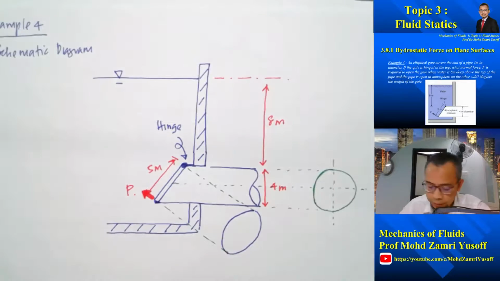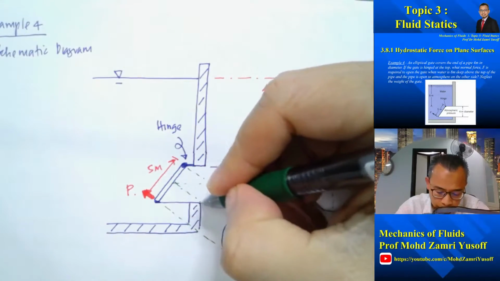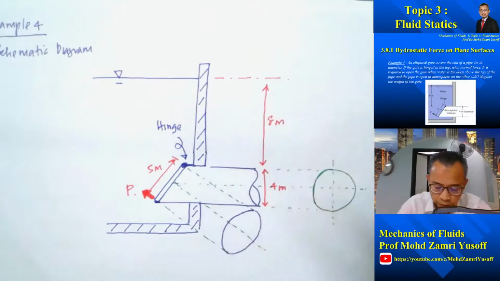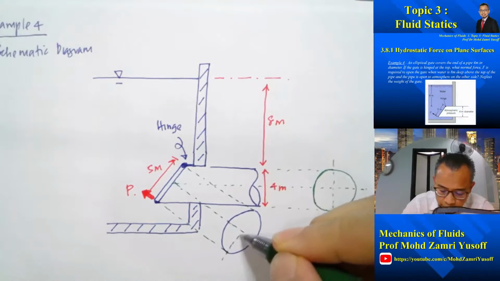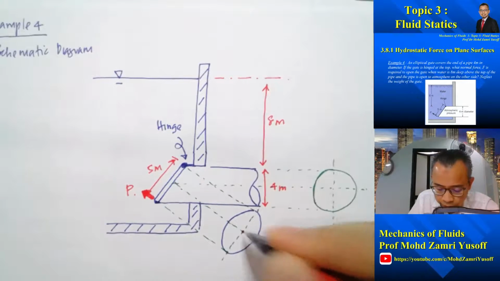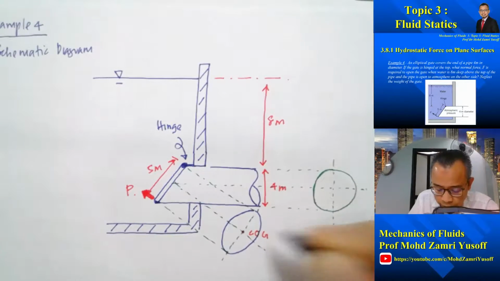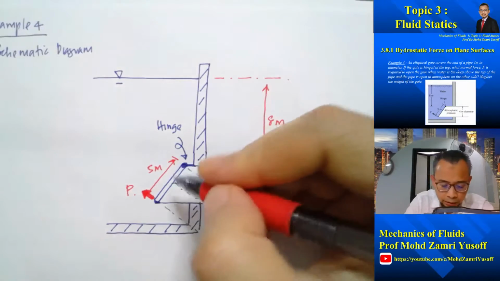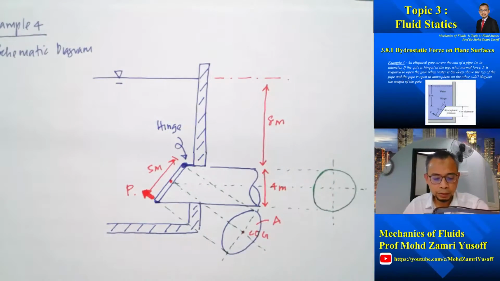That is the ellipse. And the first thing that we need to determine is the center of gravity of the ellipse. So that will be our COG, and this will be our A.